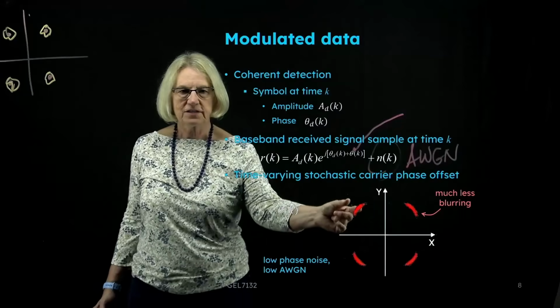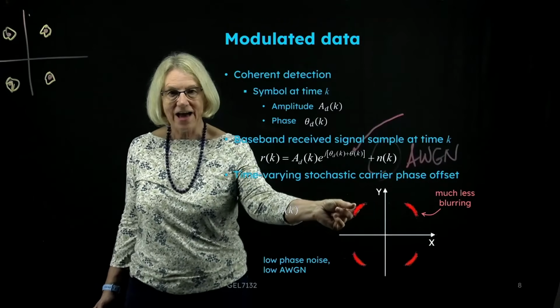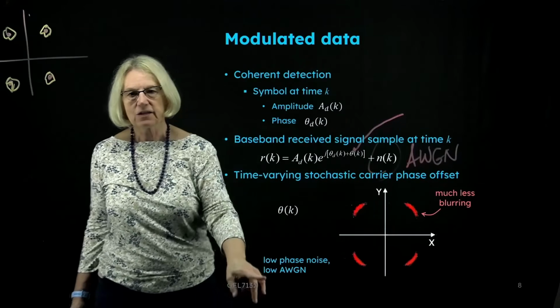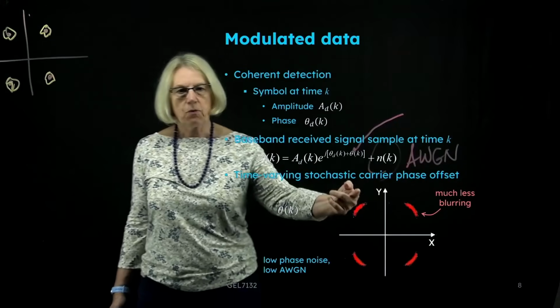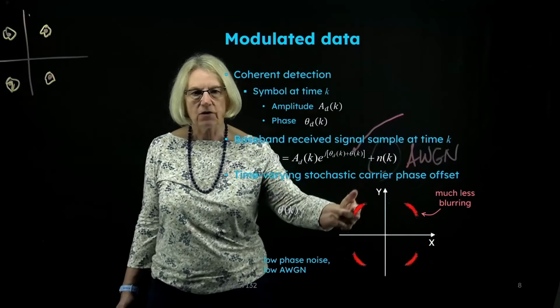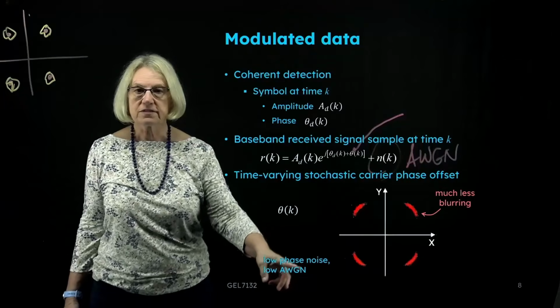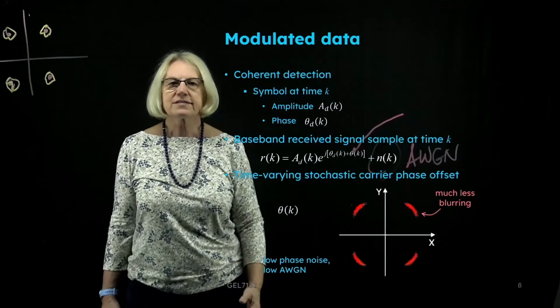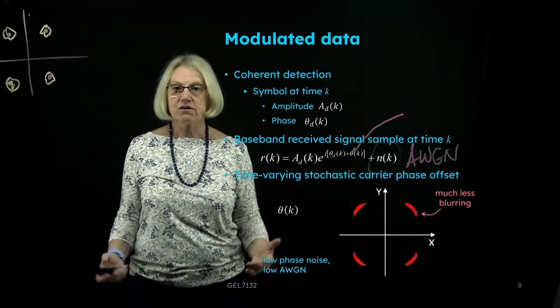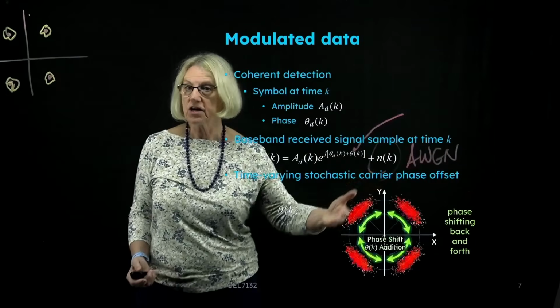And here, of course, this arc is not as fat, and so that means that I've got lower AWGN. But most importantly, this arc that I'm tracing out is much smaller. That's due to lower phase noise. And because it's lower, it's less likely to cause errors than if I had a large phase noise.